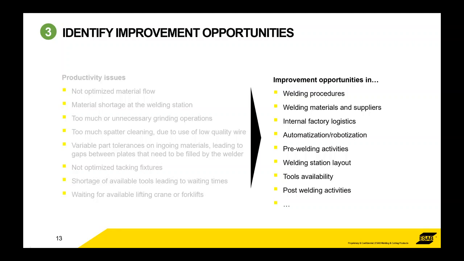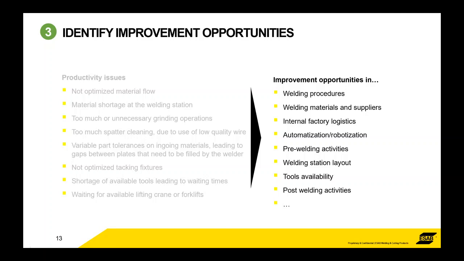Pre-welding activities, such as tack welding or other things that you need to do before the actual welding activity, influence downstream. How your welding station layout looks, tools availability, as we talked about, and then of course post-welding activities if there are things that you need to do there. And of course there are other opportunities to look for.